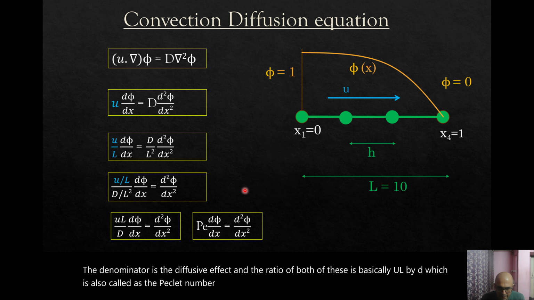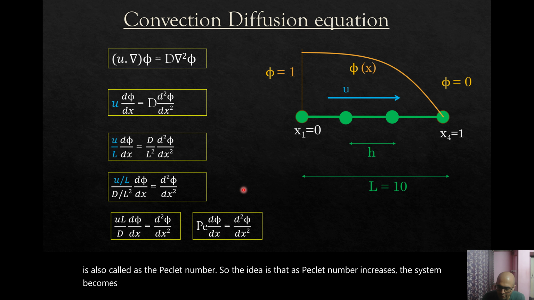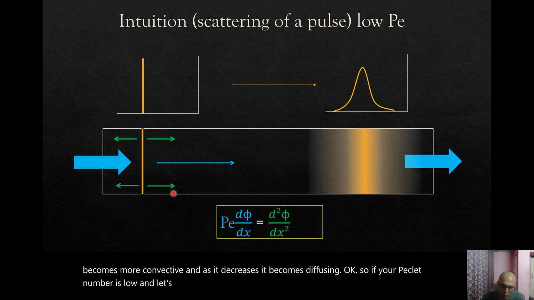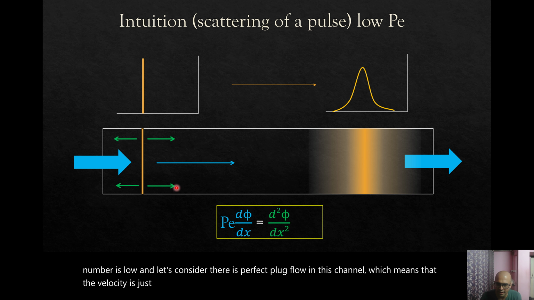So the idea is that as Peclet number increases, the system becomes more convective, and as it decreases, it becomes diffusive. If your Peclet number is low, and let's consider there is perfect plug flow in this channel, which means that the velocity is just constant everywhere. This is an ideal case, not a real case.